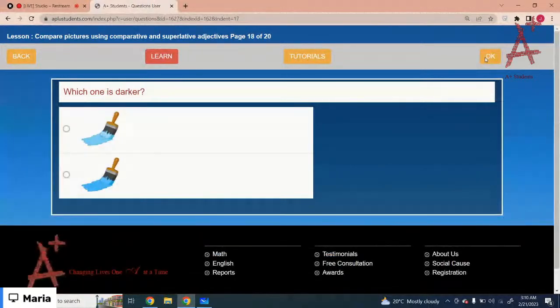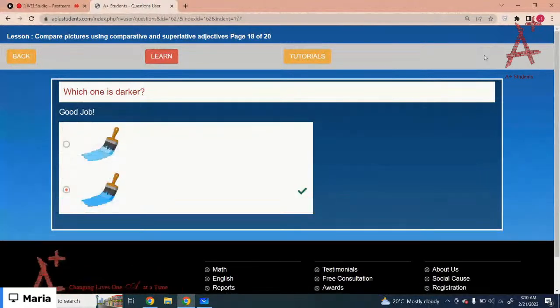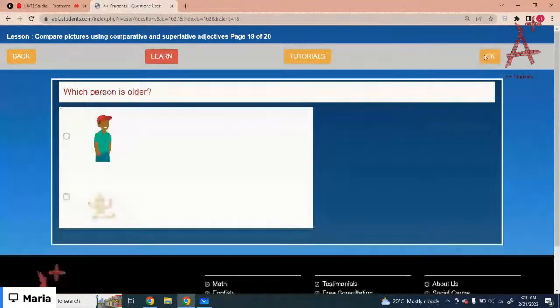Which one is darker, the first one or the second one? The second one is darker, the first one is the lighter one. Which person is older, the first one or the second one? The first one is older.